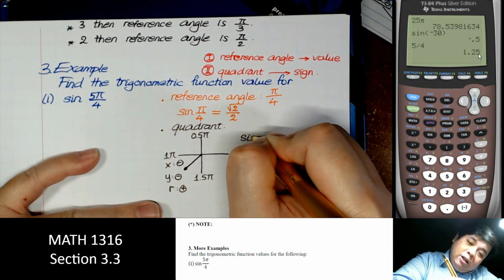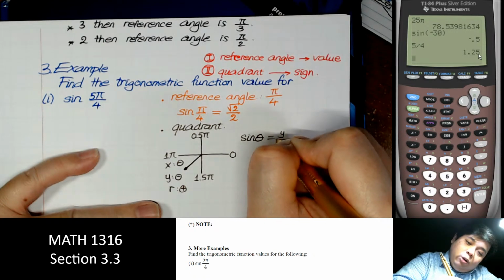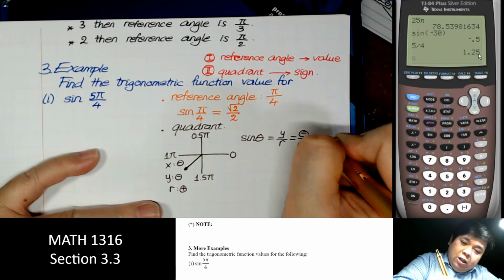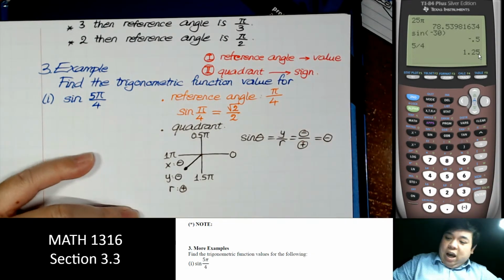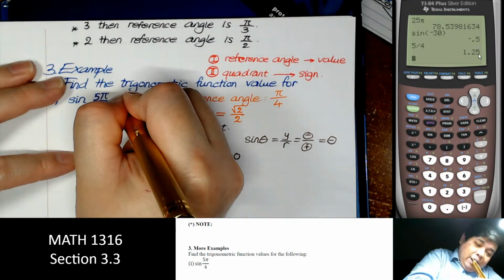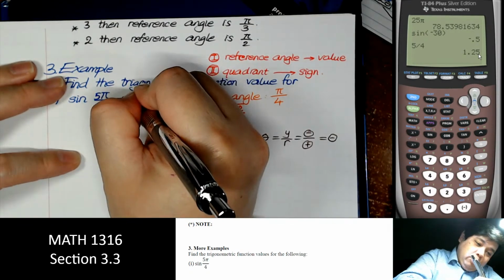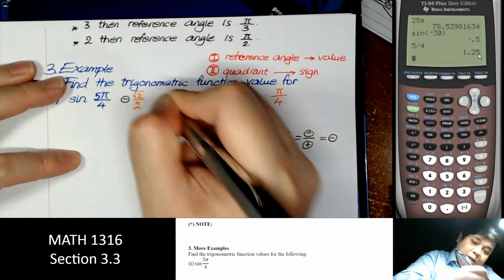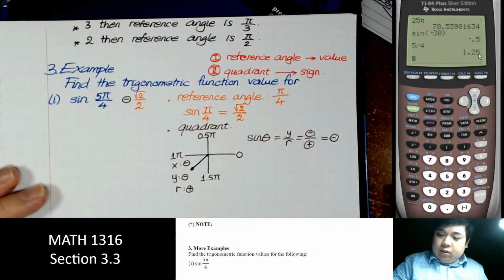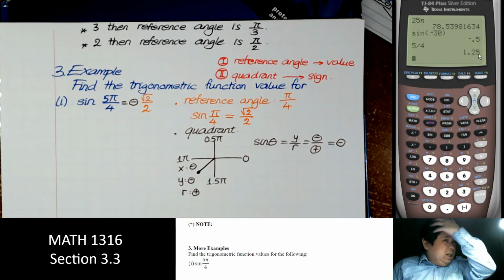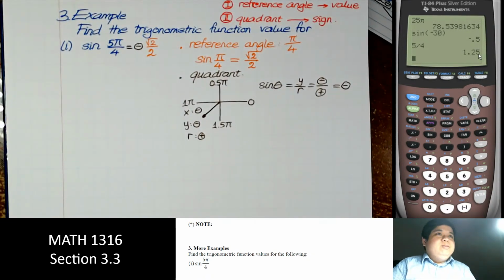And sine is y over r, so this is negative. So the answer is negative square root of 2 over 2. Yeah, that's what we do.